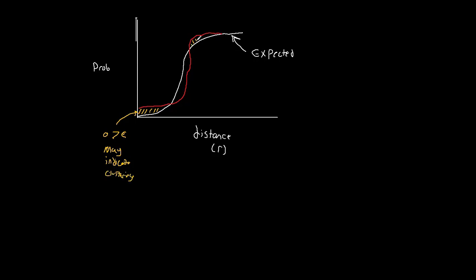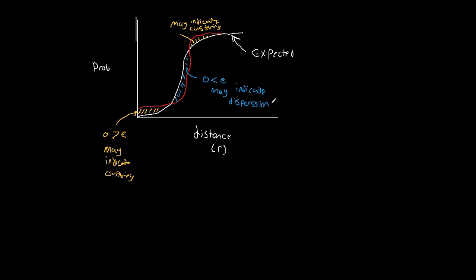And the same thing up here may indicate clustering. So what about here? On the other side, we can read the graph and we see this area here, in which our observed is less than our expected. And what we said before is that this may indicate that the data is more dispersed, or dispersion.